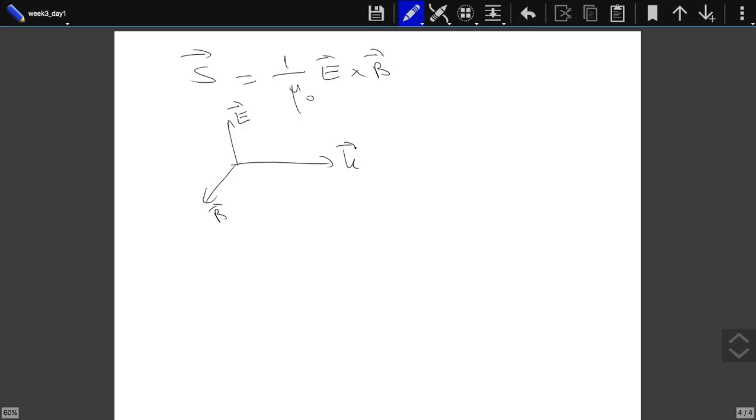So what is the direction of E cross B? It's in the k hat direction. What is the magnitude? They are orthogonal to each other, so the angle between them is just 90 degrees. Sine of that angle is just 1. So this is the Poynting vector. Now let's put in the E and the B fields.